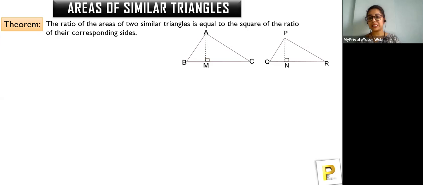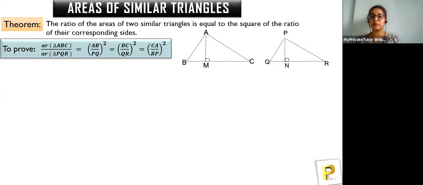If we have triangle ABC and triangle PQR, what we have to prove in this part is that area of triangle ABC by area of triangle PQR, that is the ratio of areas of similar triangles, is equal to the square of the ratio of their corresponding sides.